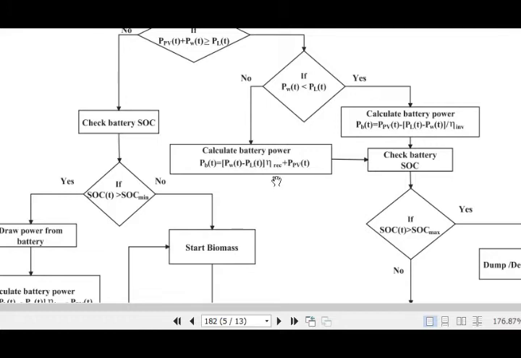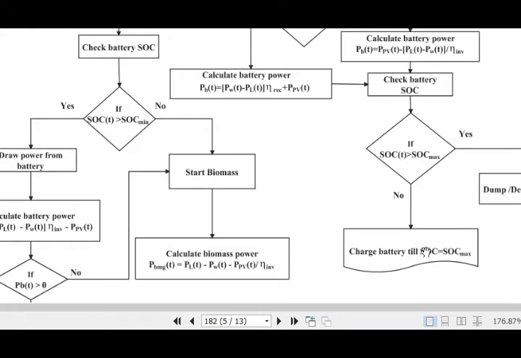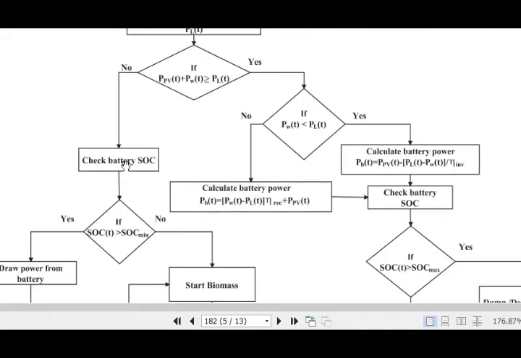After passing through the rectifier, it will be stored in the battery. So that will be the battery energy. Again we will be checking the SOC of the battery, and if it's more than the upper limit, then the battery will be set to the upper SOC, and the extra energy will be dumped.